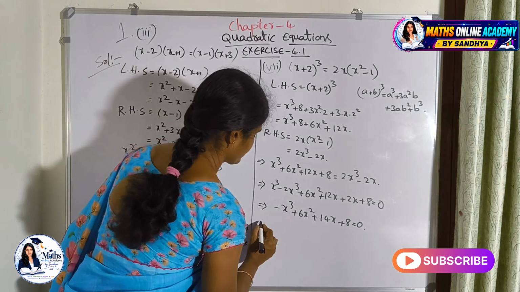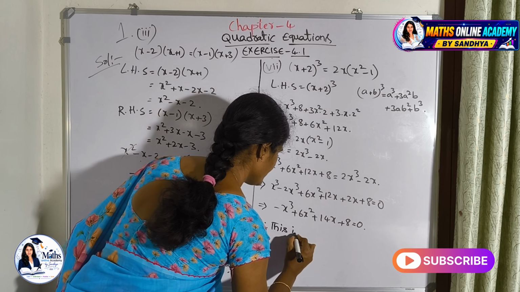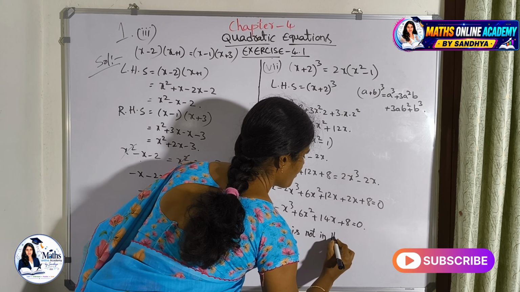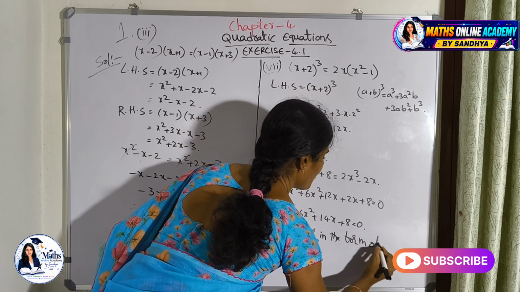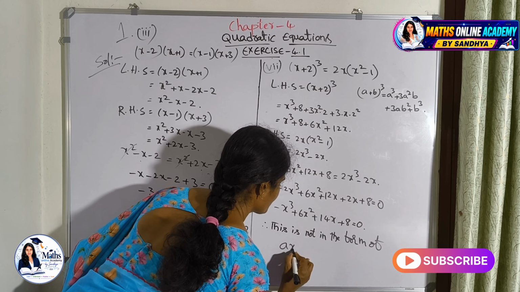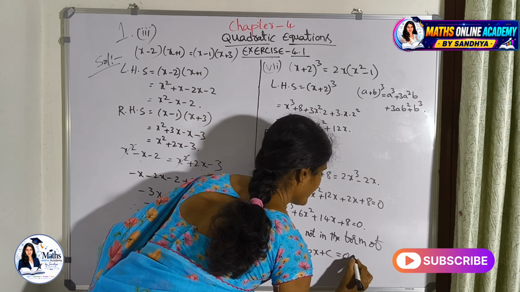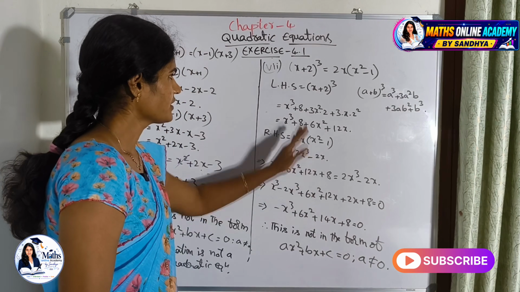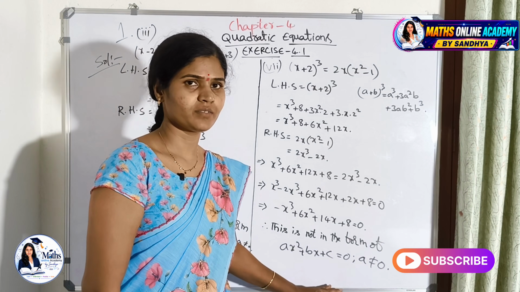So this is not in the form of ax square plus bx plus c equal to 0, and moreover a not equal to 0. Therefore this equation is not a quadratic equation. Okay, got it?